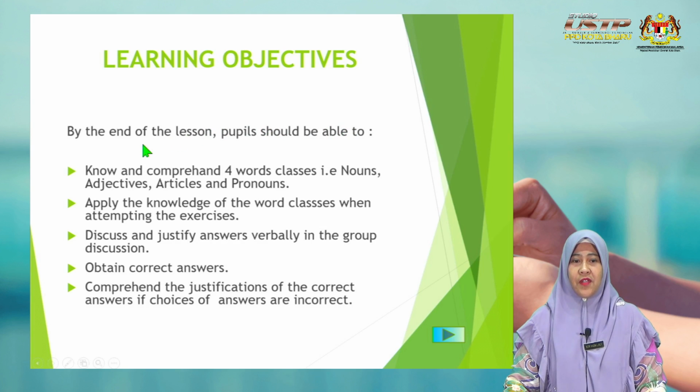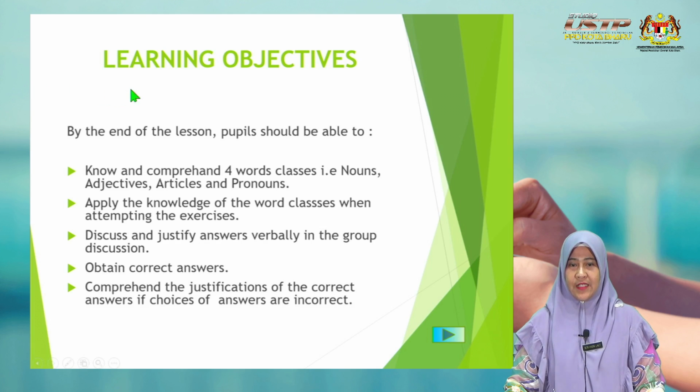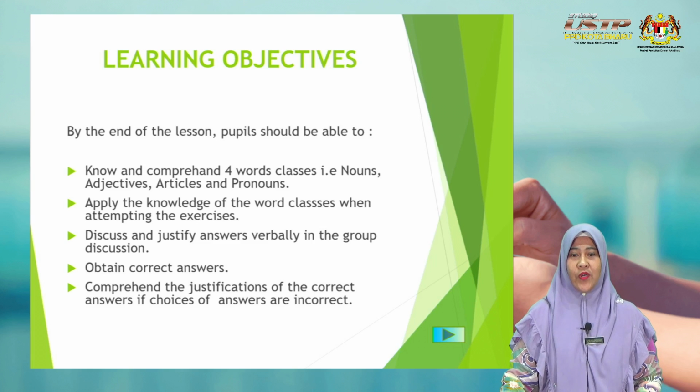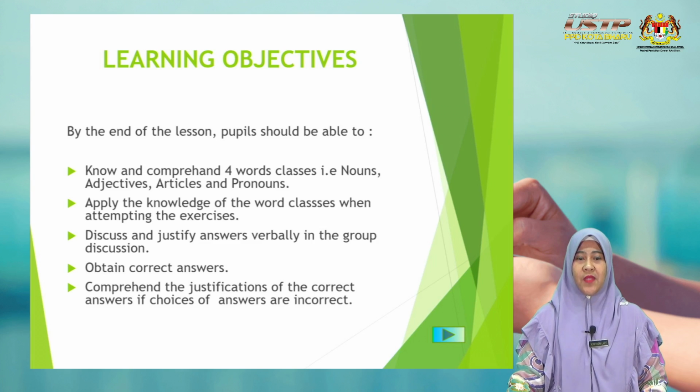By the end of the lesson, pupils should be able to know and comprehend 4 word classes, that is, nouns, adjectives, articles, and pronouns. The second learning objective, pupils should be able to apply the knowledge of the word classes when attempting the exercises.